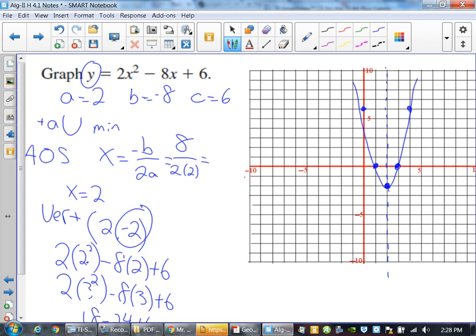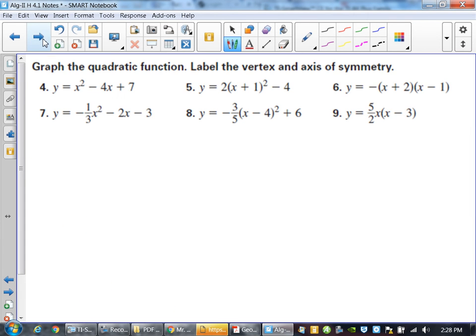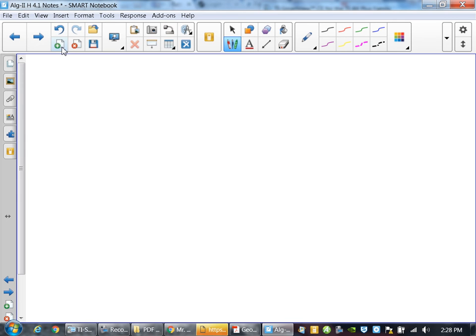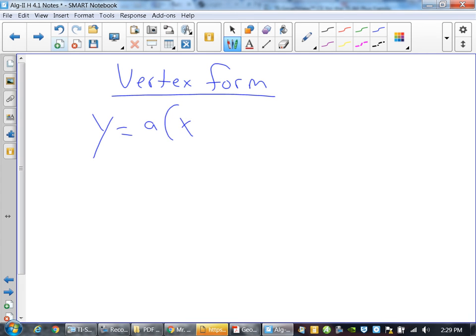The other format I want to go through real quick is called vertex form. What form was this? Standard. And now it's back to looking exactly like we were talking about with the absolute value, with the h's and the k's.